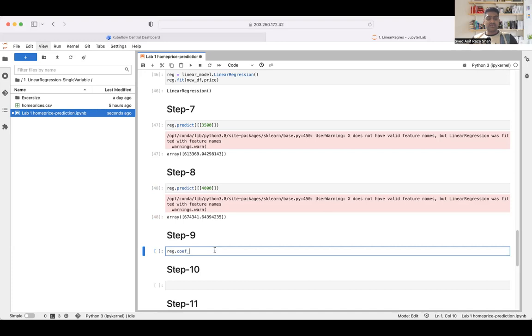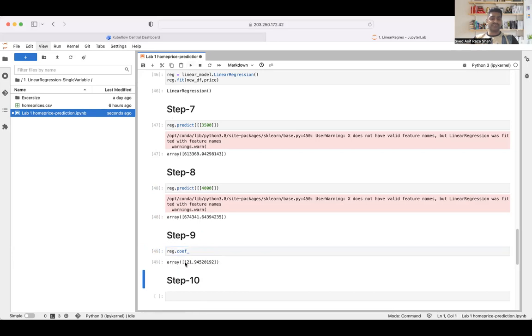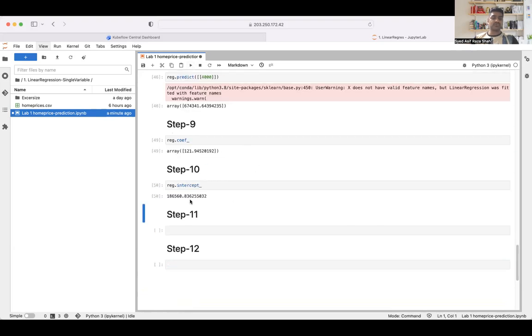What is the coefficient value? If we write reg, meaning our model, dot coef underscore, then you will see your coefficient values. This is our coefficient value. And similarly, if I write reg dot intercept underscore, then you will have the intercept value also.